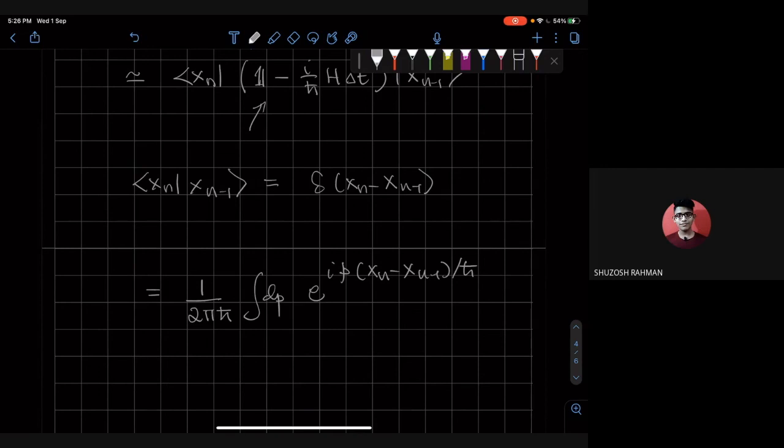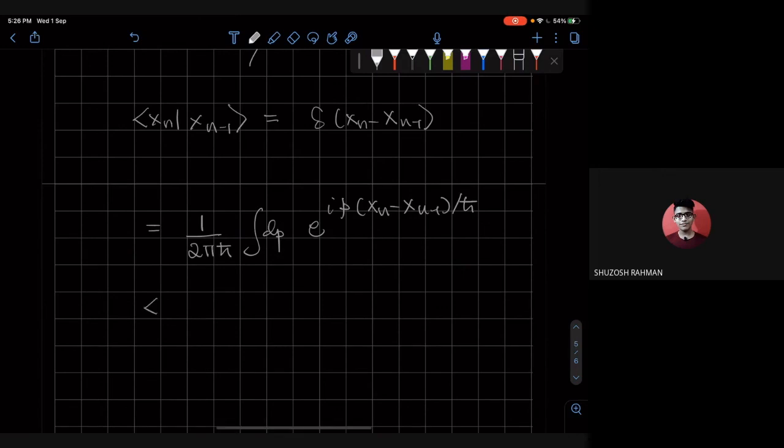Yes, sir. Yeah. So we can even derive it if you wanted to. To derive it, what we have to do is insert a momentum eigenstate, say dp. And this is nothing but the wave function psi of p at xn, right?